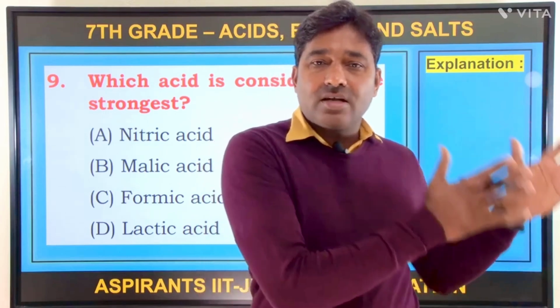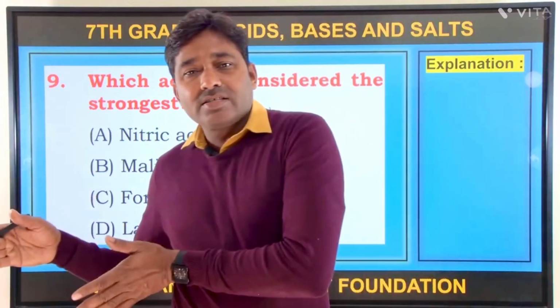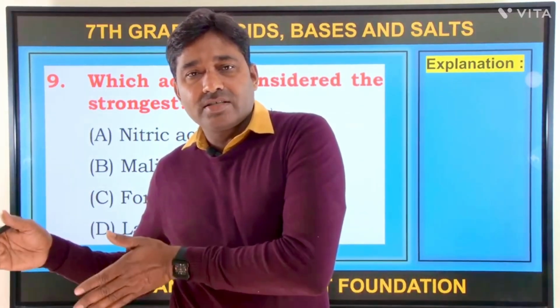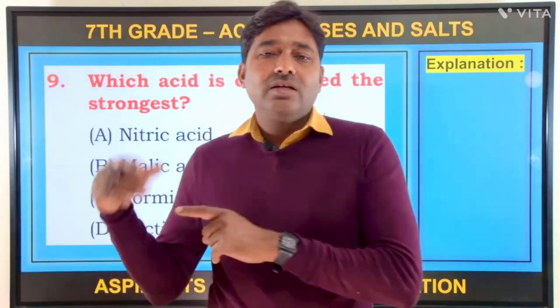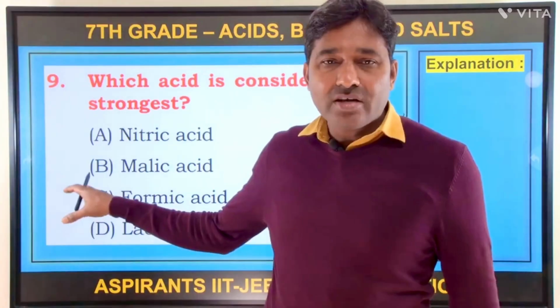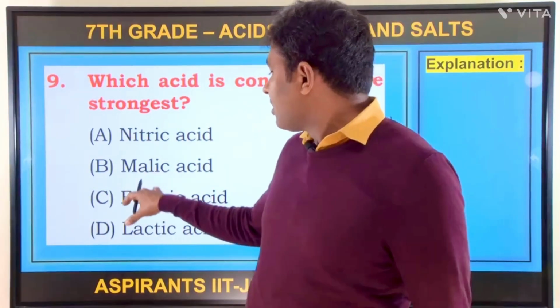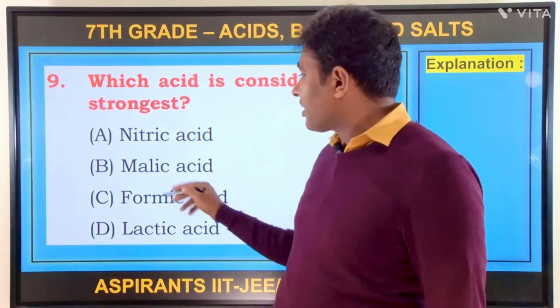Mineral acids are strong acids due to complete ionization. Organic acids are natural acids. They are weak acids because of incomplete ionization. So, to find which acid is the strongest, we need to find the inorganic acid. Among these four, which is the inorganic acid?